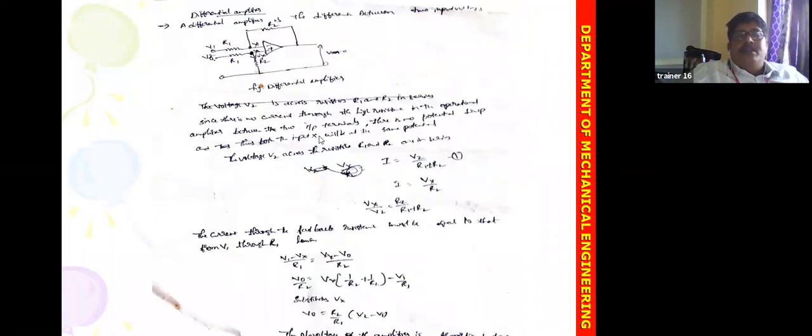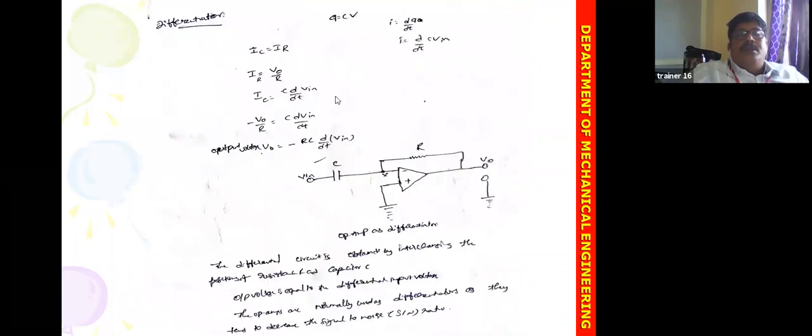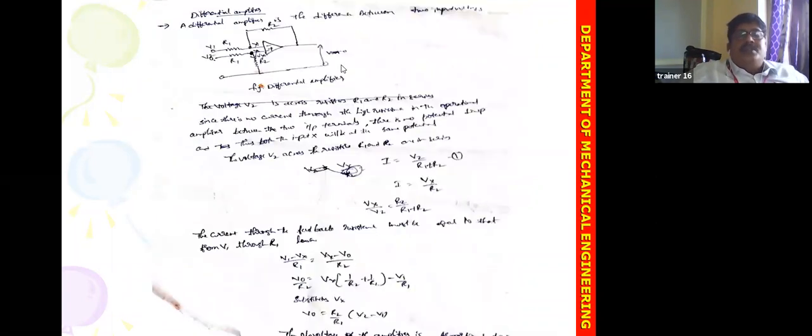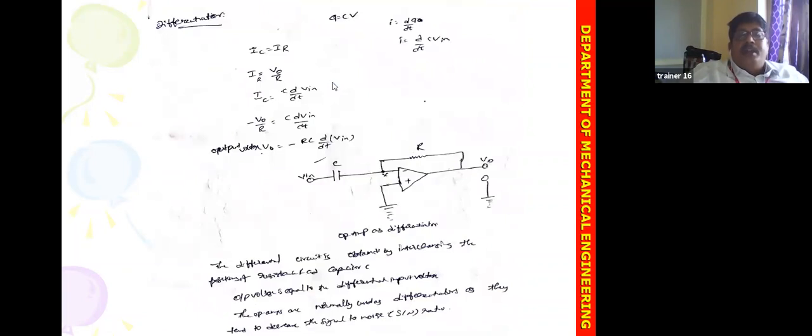Next we discussed the differential amplifier and then the differentiator. In the syllabus there is a topic, reducing noise. For reducing noise you can write down the differentiator. This op-amp is normally used as a differentiator as it tends to decrease the signal to noise ratio.